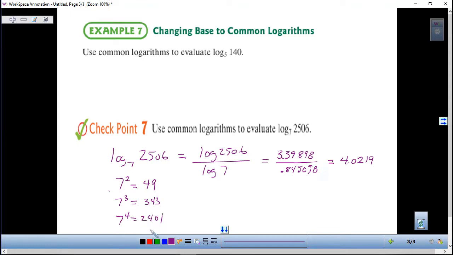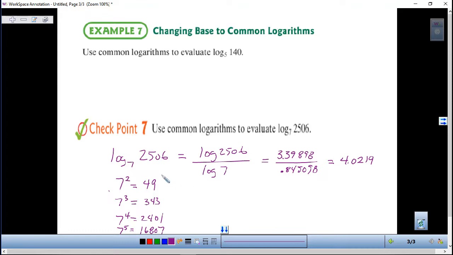And if we multiply that times 7 again to get 7 to the 5th, we have 16,807. So with the 2506, it once again is going to be closer to 4 than it would be to 5 power-wise. So that makes sense.